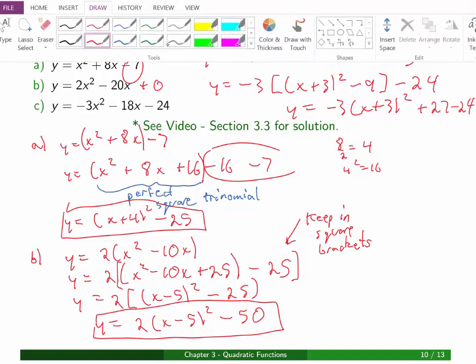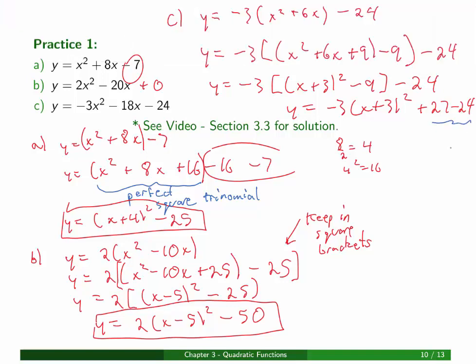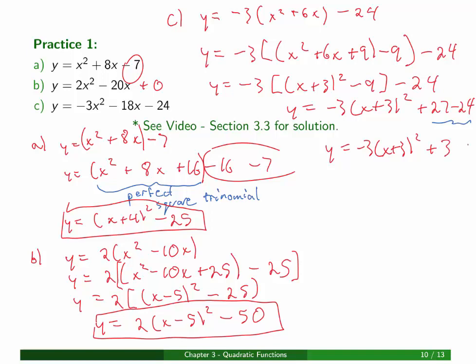All you have to do at this point is simplify the constant value at the end. And when you do that, you're left with y equals negative 3 times x plus 3 all squared, 27 minus 24 is plus 3. And that's that. Okay?